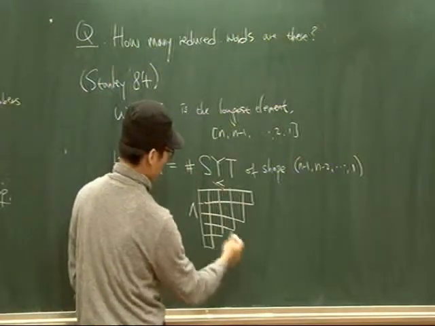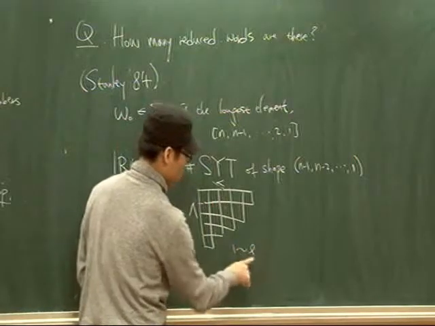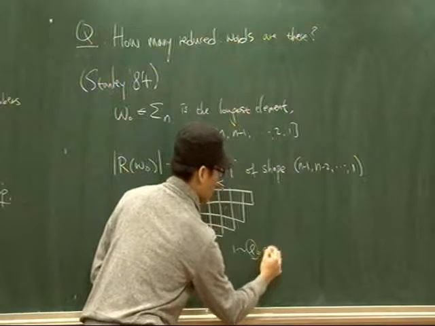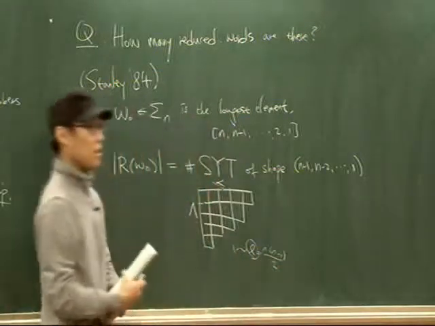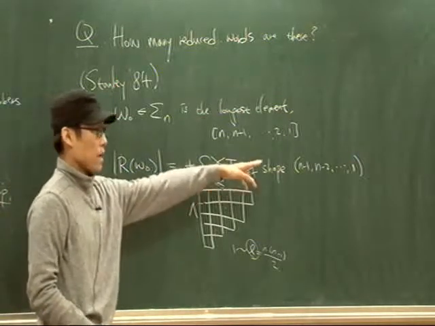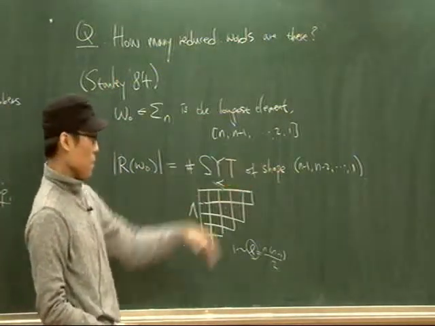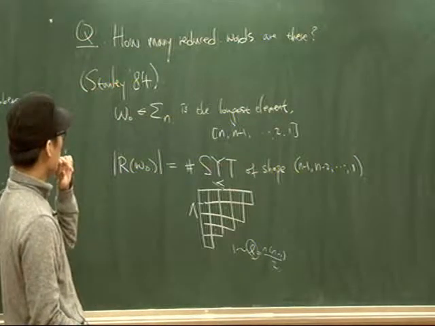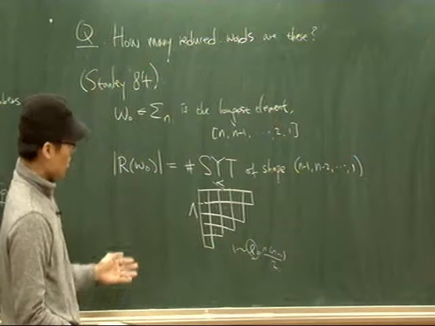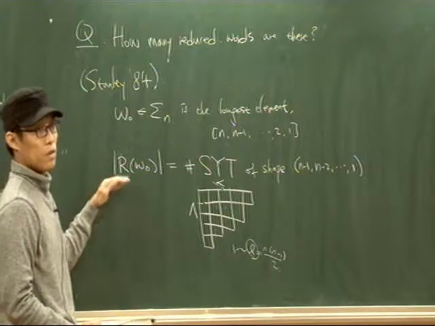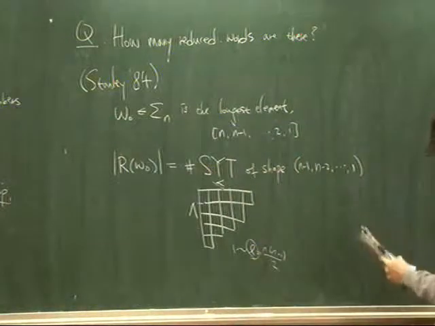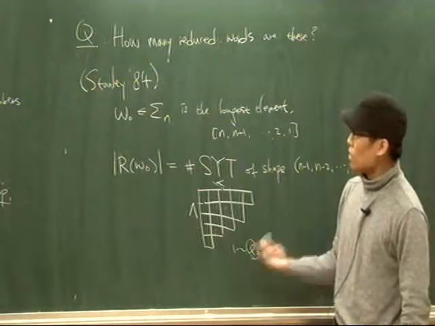We have to put the numbers from 1 to l, where l is the number of boxes. Stanley observed that this number coincides with the number of reduced words of this longest element w0.